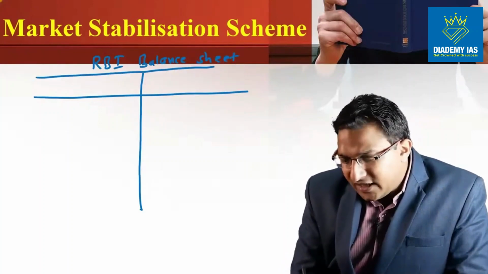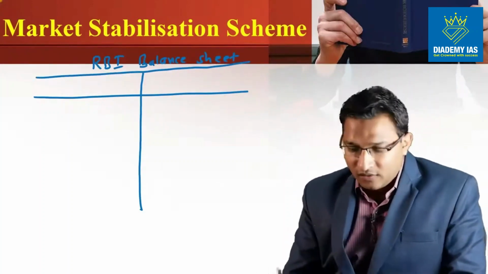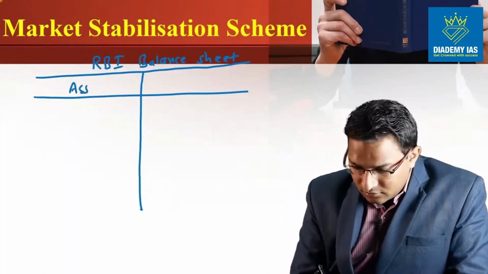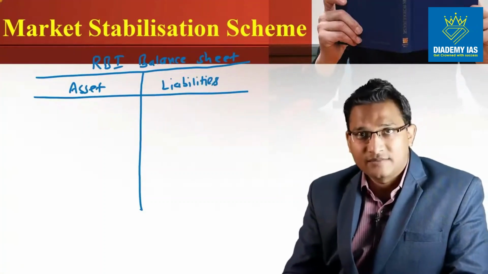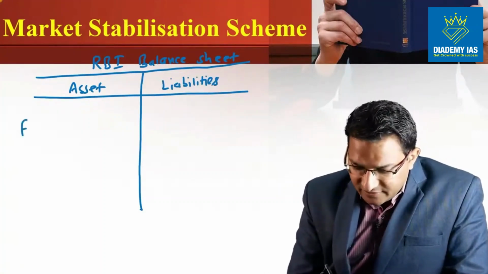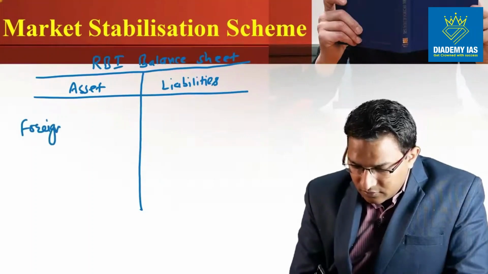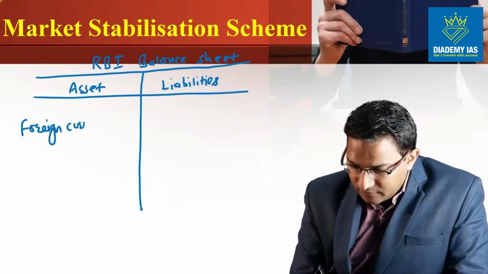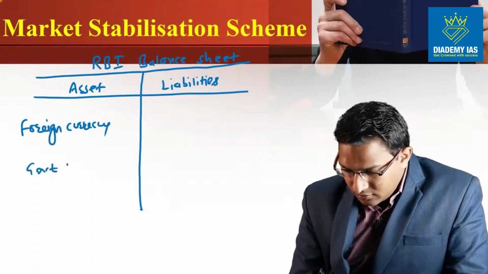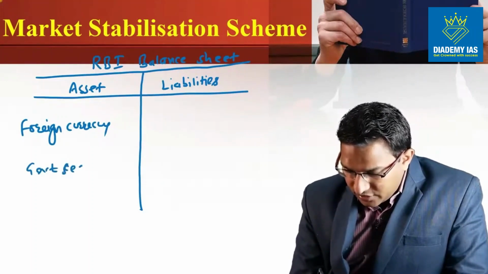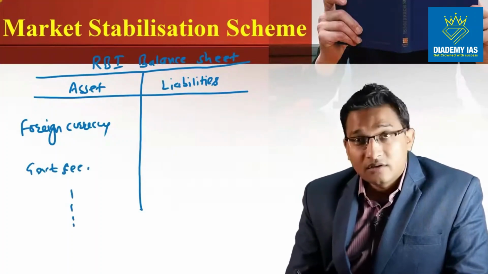So this is the RBI balance sheet, right? These are the assets and these are the liabilities. On the asset side, we have foreign currency and government security and so on, right?